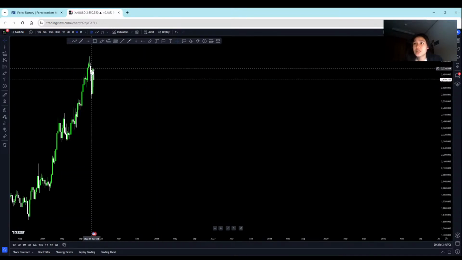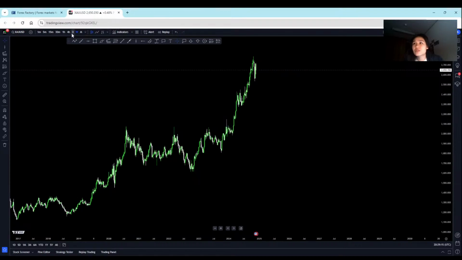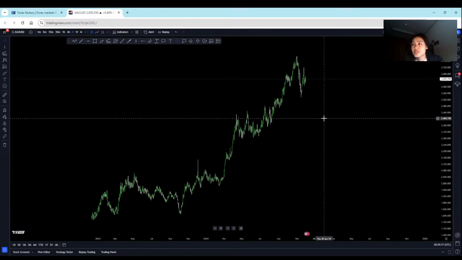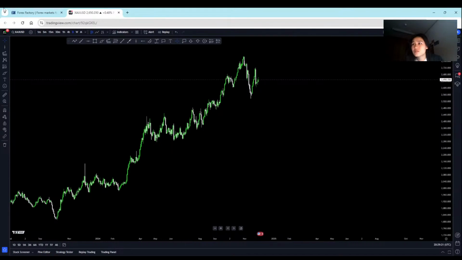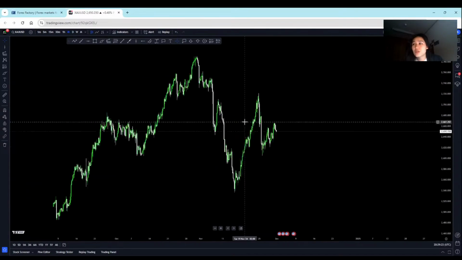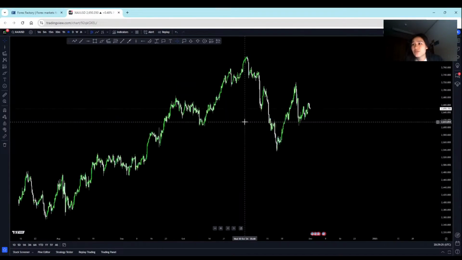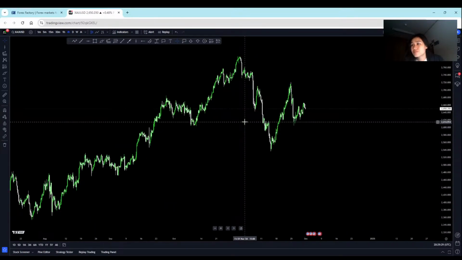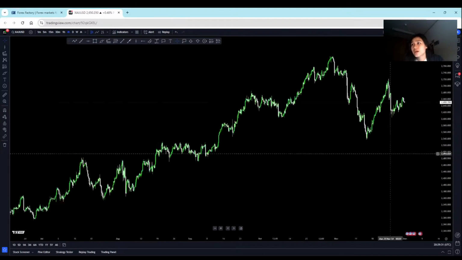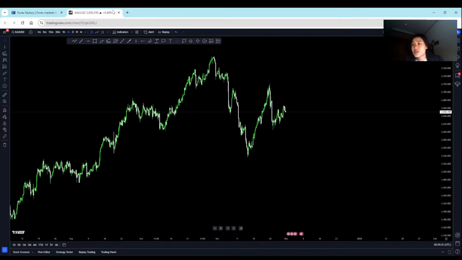Recently, there has been a reversal. Daily time frame, pretty much the same. Let's maybe look at our 4-hour time frame as well. I'll analyze this on our 4-hour time frame instead.